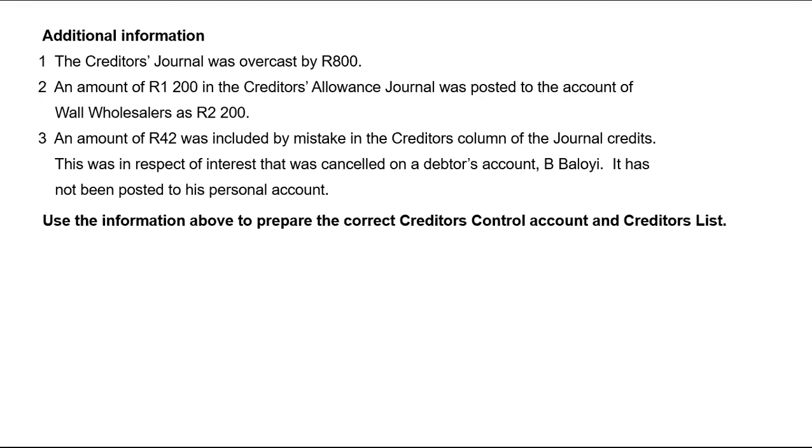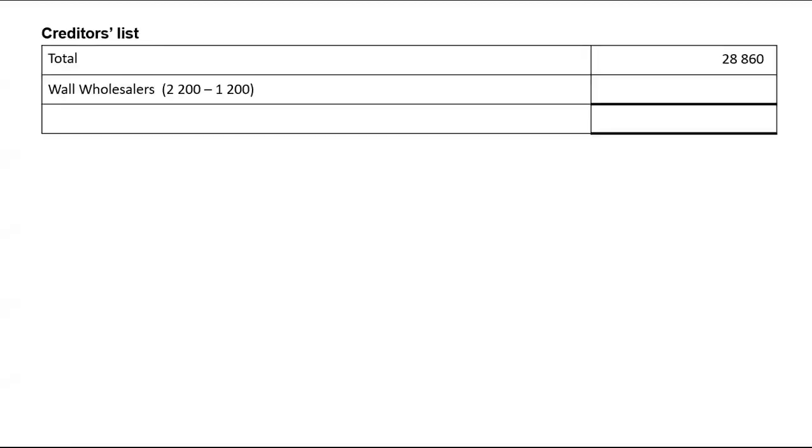So basically, we have negative 2,200 instead of having negative 1,200. So all we have to do is to add back that 1,000 rand. Okay, we add back the 1,000 rand that we over subtracted, and that will give us a new balance in the creditors list amounting to 29,860. Now you understand what is going on here, right?